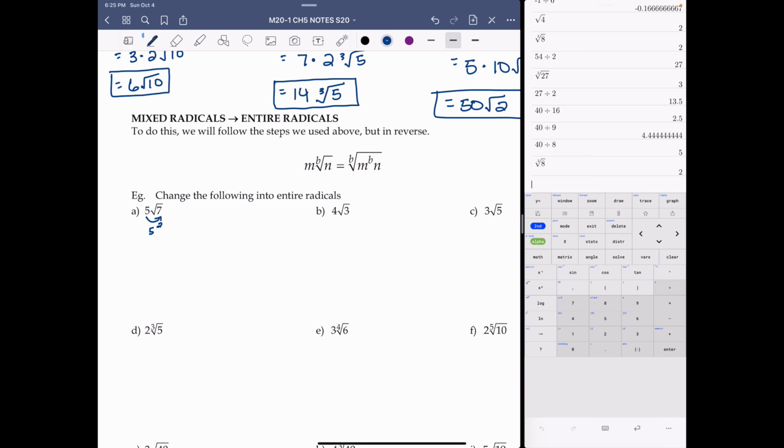So to put it back in, we put it to the power of 2. We then get the square root of 7 times 5 squared, which is the square root of 7 times 25, which equals 7 times 25 is 175. Square root of 175.